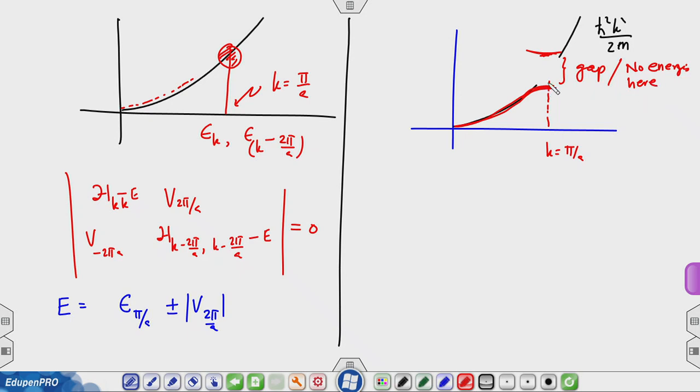Energies are only up to this. So, what was a continuous distribution has broken. Let me now do it a little more rigorously. So, one thing you notice is that this is opening up at the zone boundary.